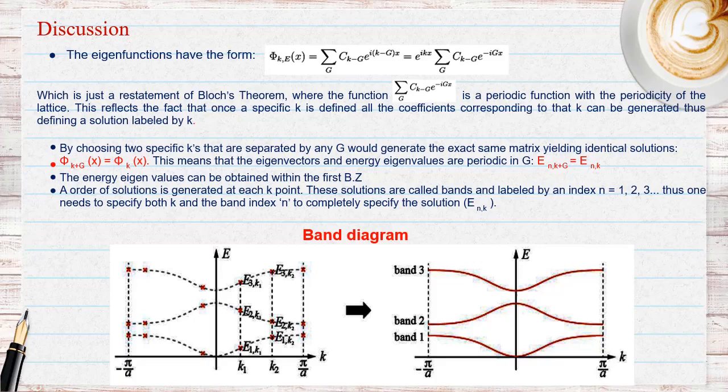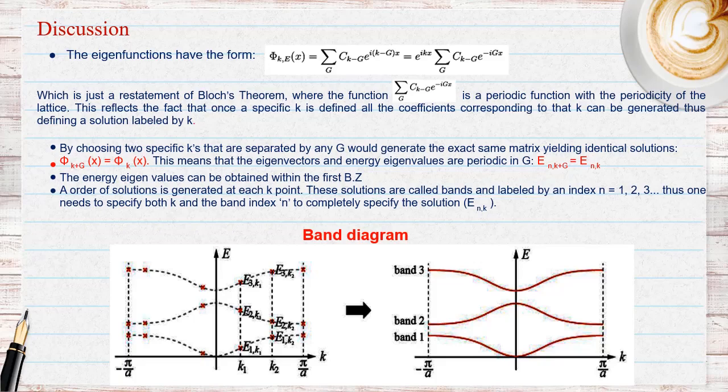This is just a restatement of Bloch's theorem, where the function multiplying e^(ikx), that is the summation over g of C(k-g) e^(-igx), is a periodic function with the period of the lattice. This reflects the fact that once a specific k is defined, all the coefficients corresponding to that k can be generated, thus defining a solution labeled k.